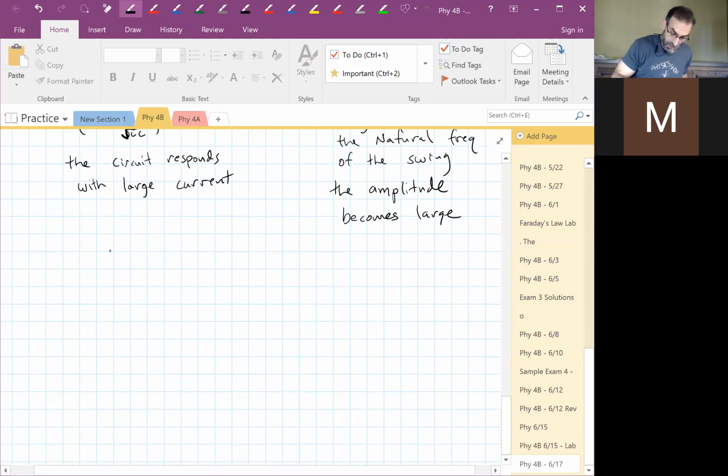So if we were to plot the current versus the frequency that we're driving this at, we get something like this.